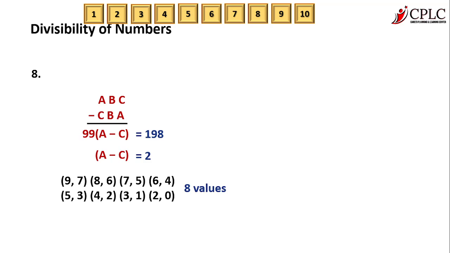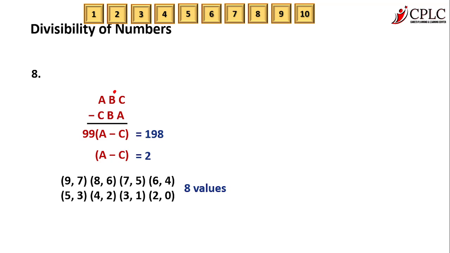Now, they were asking about the number as a whole. A minus C is 2, but the number has B also. And they have not said anything about repetition in the data. So, if nothing is mentioned, repetition is allowed by default. And B is a single-digit number. So, how many values can we take with repetition being allowed? Obviously, all 10 values, which is 0 to 9.